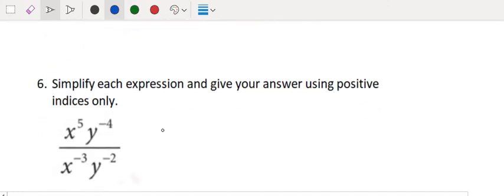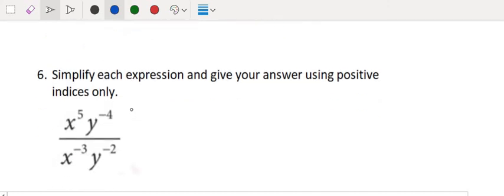Go to the next question. Simplify each expression and give your answer on the positive indices. So the powers are negative, we have to convert it to the positive values. Okay, so we have to move this x power minus 3 to the numerator. When you move it to the numerator, by the law of indices, we can say that the power becomes positive.